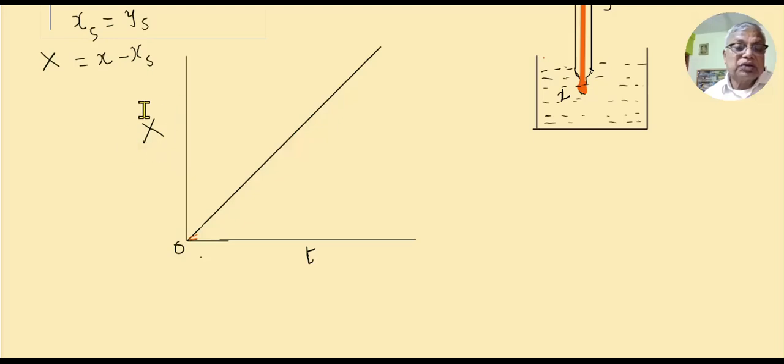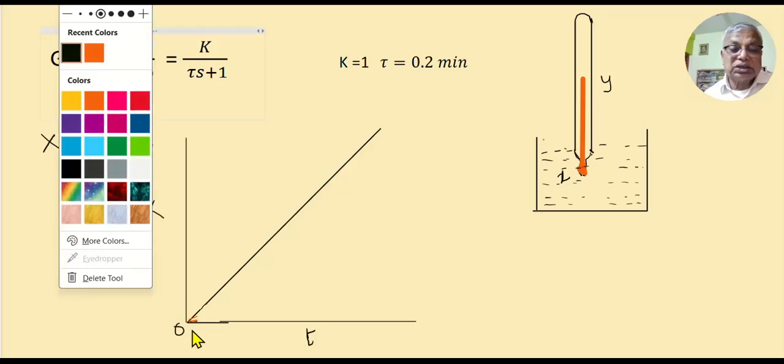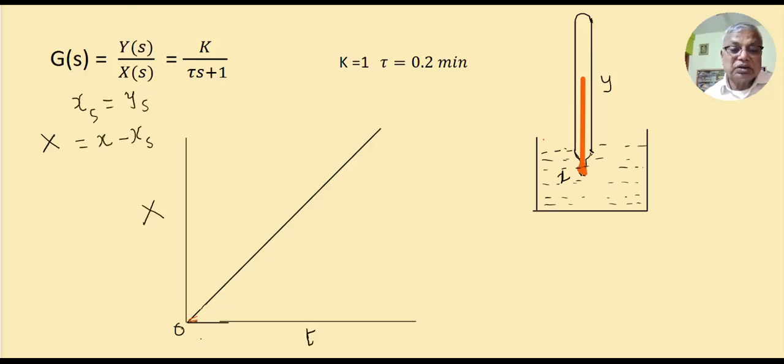Whether we plot in terms of capital X or small x, it is going to be a linear input. But if we plot in terms of small x, the actual variable, it will start from xs. We don't know the value of xs. If you plot in terms of deviation variable capital X, which is x minus xs, it will start from 0.